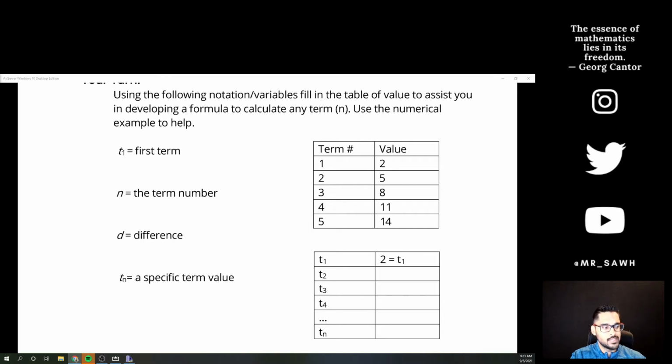So if 2 ends up being the first term, we need to represent 5 as being the second term. What we can do is take 2, our first term, and add our common difference to it, and we're going to end up with the second term. It's going to be 5, right? Term 2 is going to be 5 because that's what it says up above. That's the value that we had.